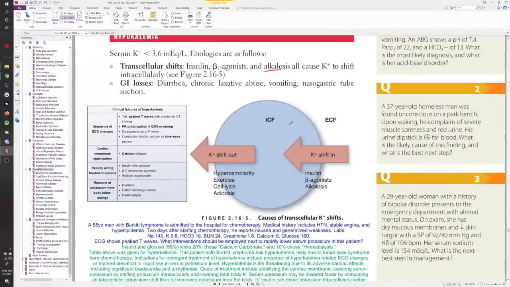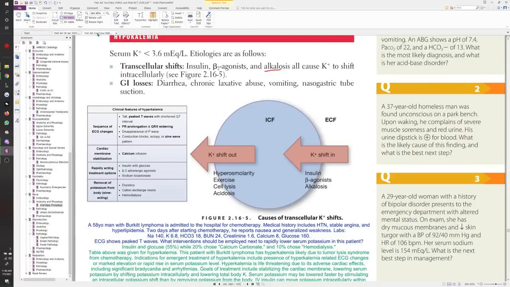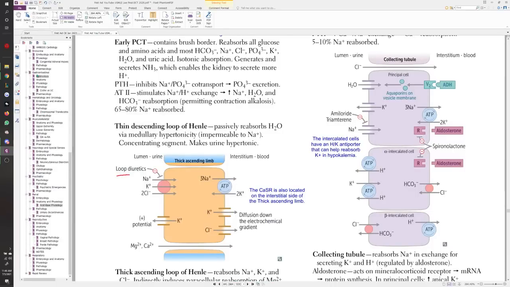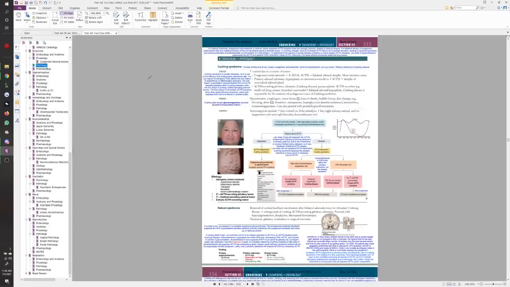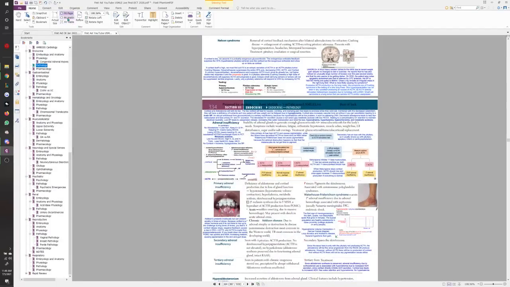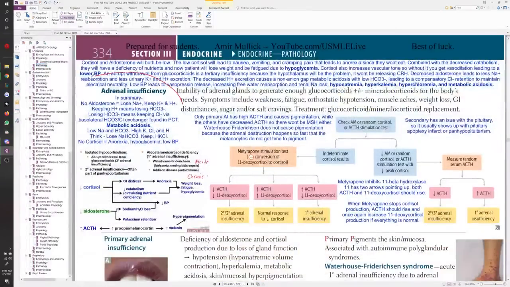Because when you think of acid, you should think of someone having a lot of H+. So H+ and K+ go together, right? We talked about this, and I love going back to this thing every time because I kind of created it and it's something I'm really proud of. K+ and H+ always travel together in the electrolyte world of discussions, basically, right? So if your person has a lot of acidosis, there's going to be hyperkalemia. It just is how things work, right?